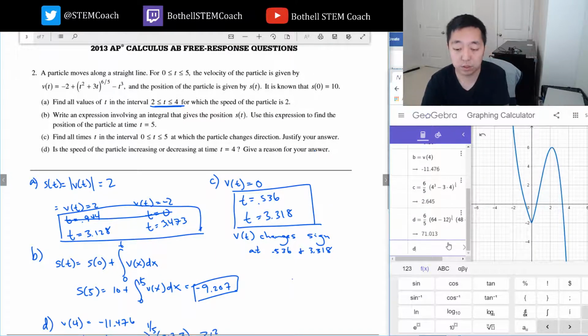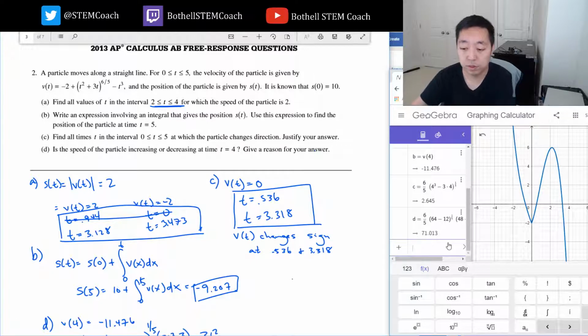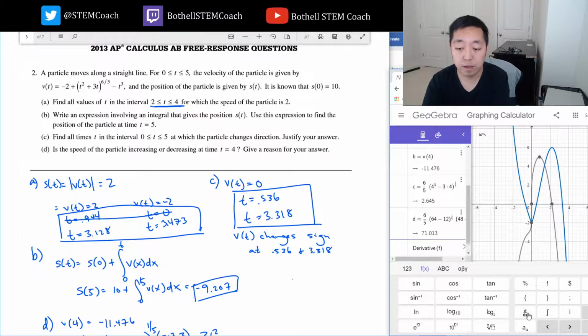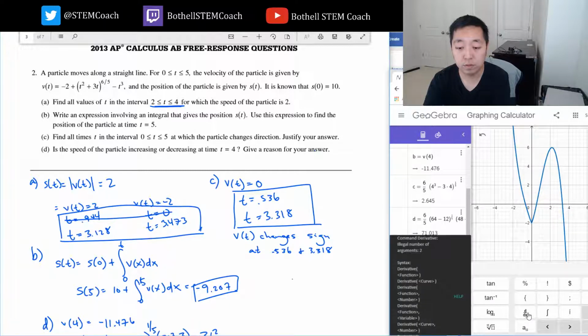So let's just try and derive. How do I find the derivative of v at 4? Oh, the derivative function.